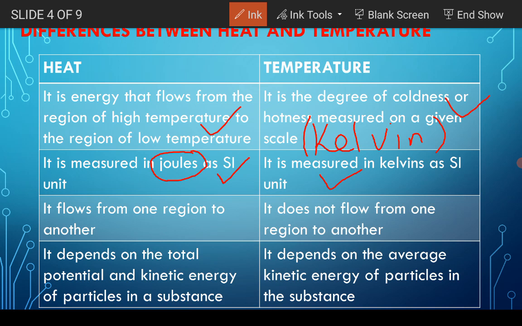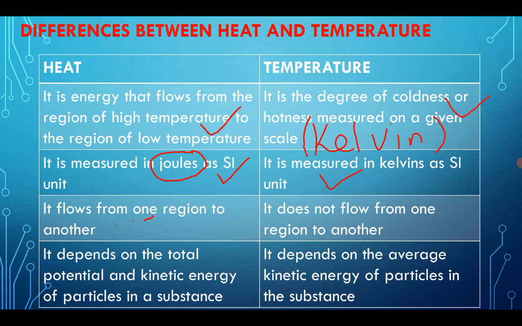Another difference is that heat flows from one point to another. So we can use the fact that heat flows as another difference. Heat flows from one region to another, while temperature does not flow from one region to another.